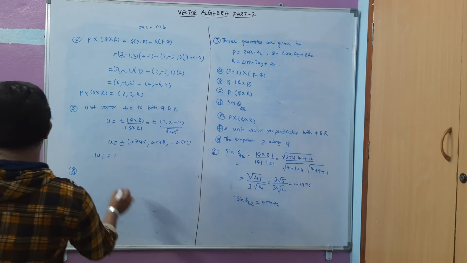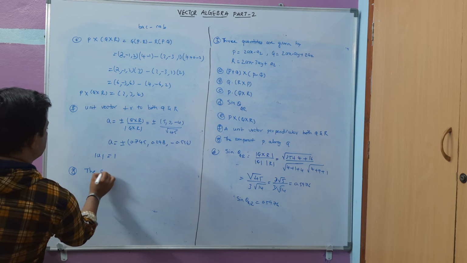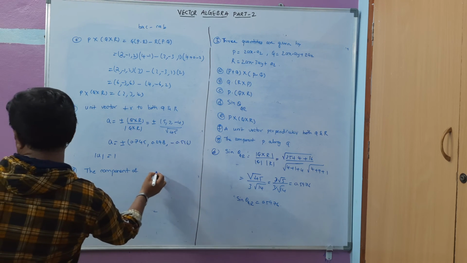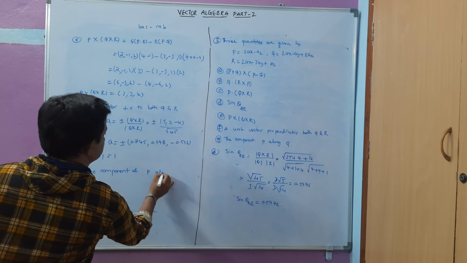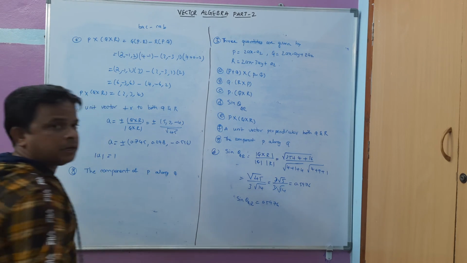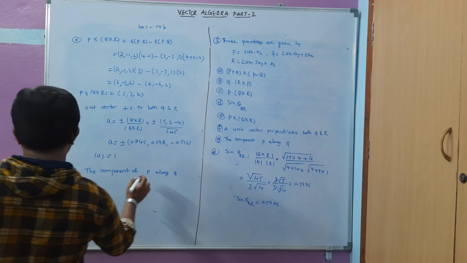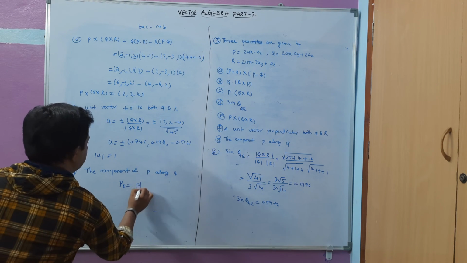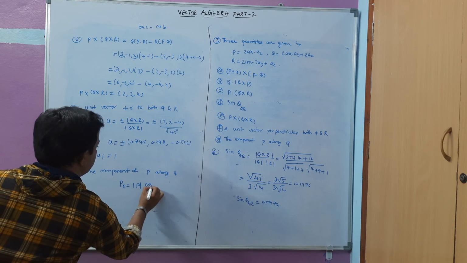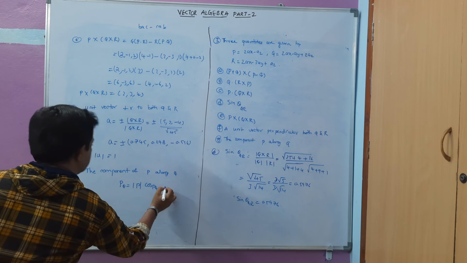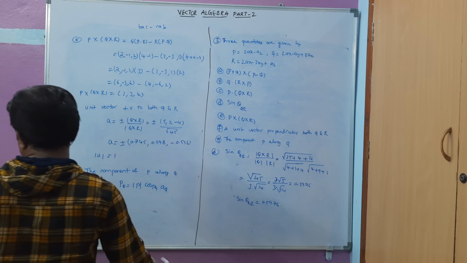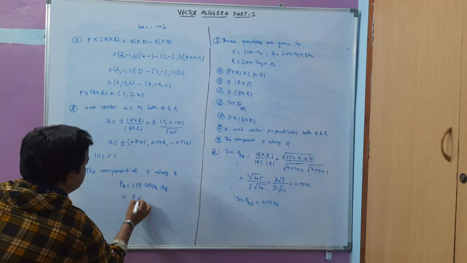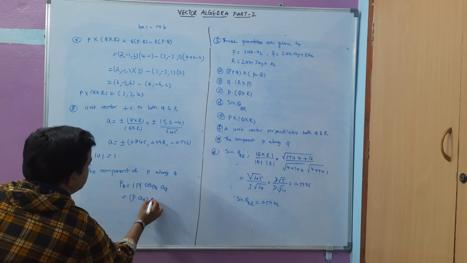So here G, the component of P along Q. The last topic which we have dealt with relates to this problem. The component of P along Q is mod P cos theta of PQ into AQ. So now I can take the dot product, that is P dot AQ into AQ.